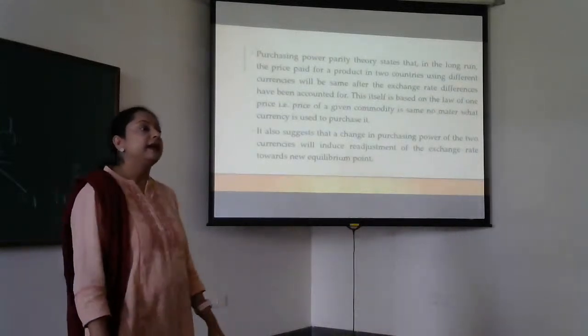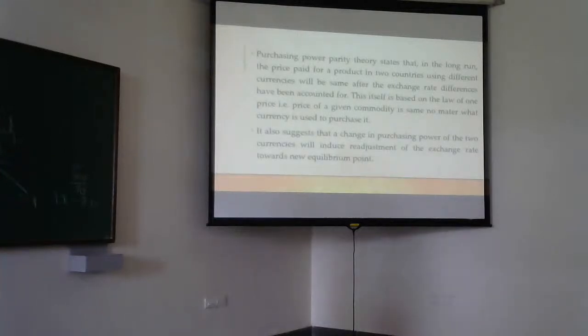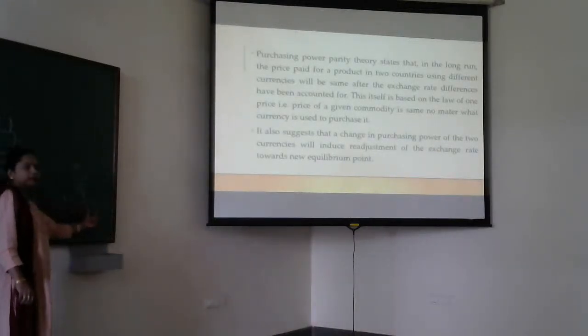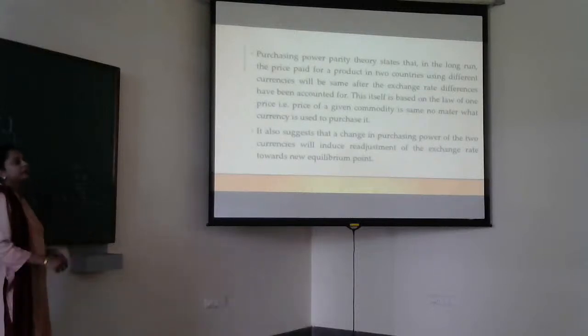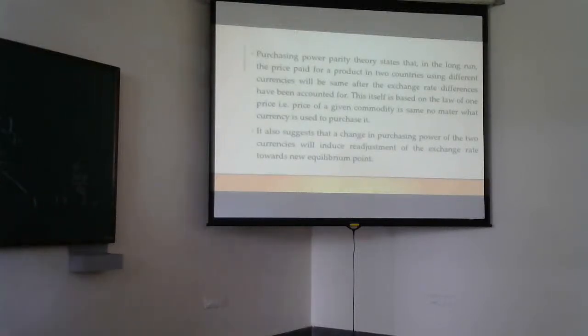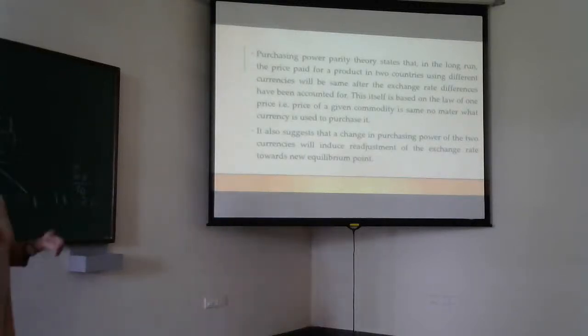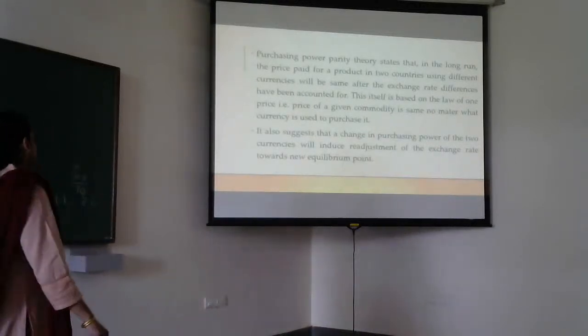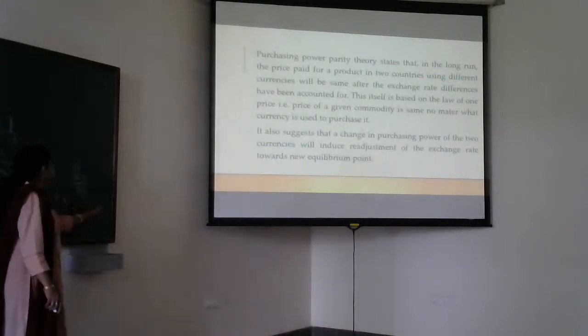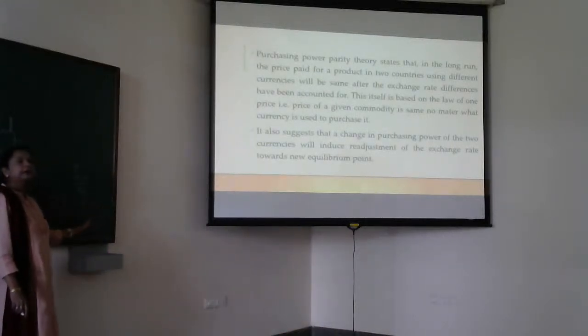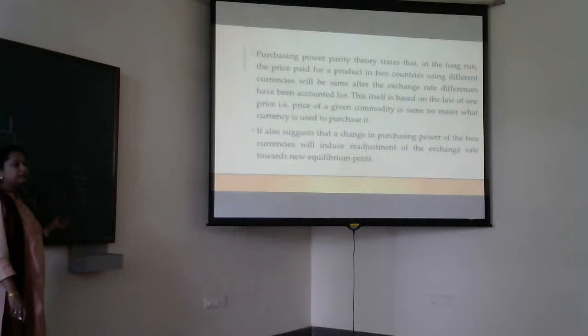What do we mean by exchange rate differences having been accounted for? It means that when we are talking about the levels at which two particular currencies are going to be considered equal, this transaction will keep on happening. So when the transaction keeps on happening, there is a continuous scope of some kind of benefits between the rupees and the dollars. Fine?